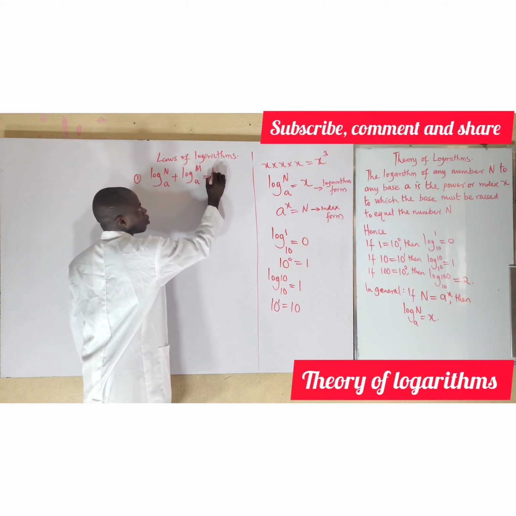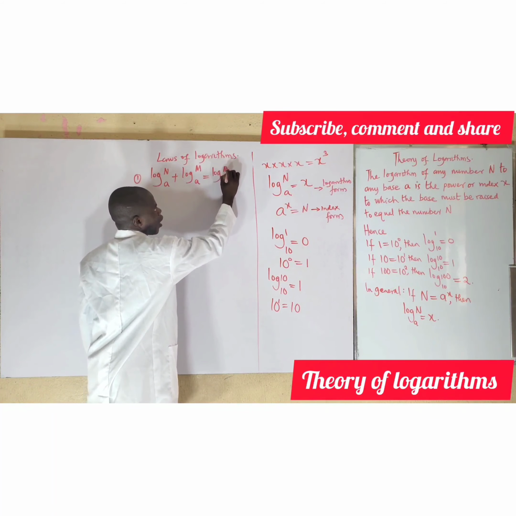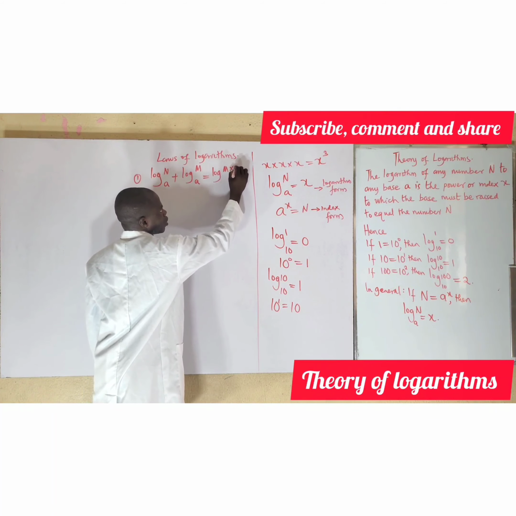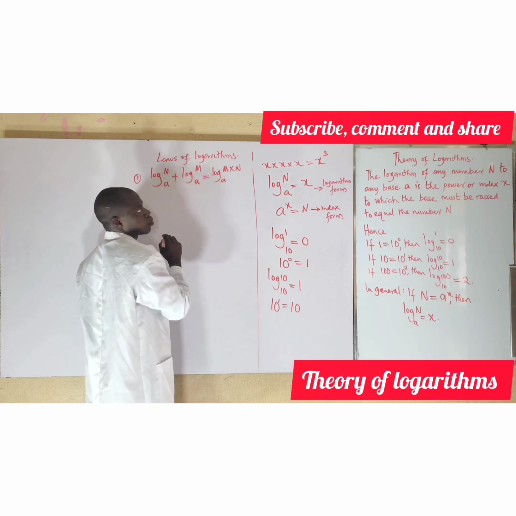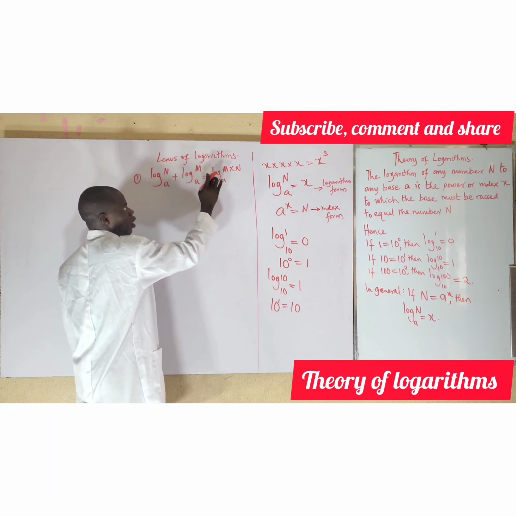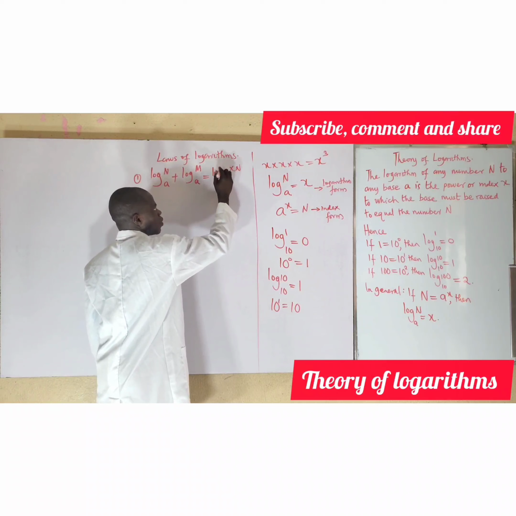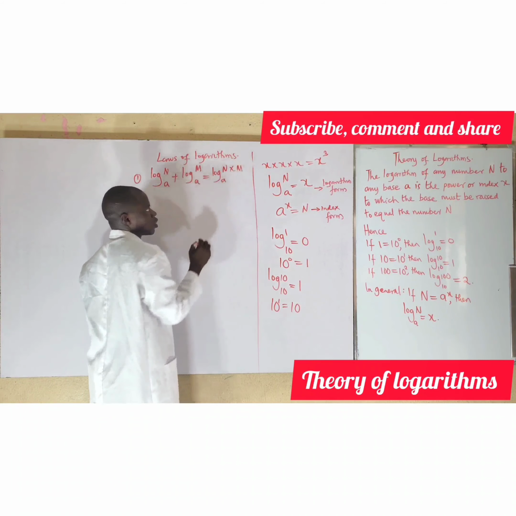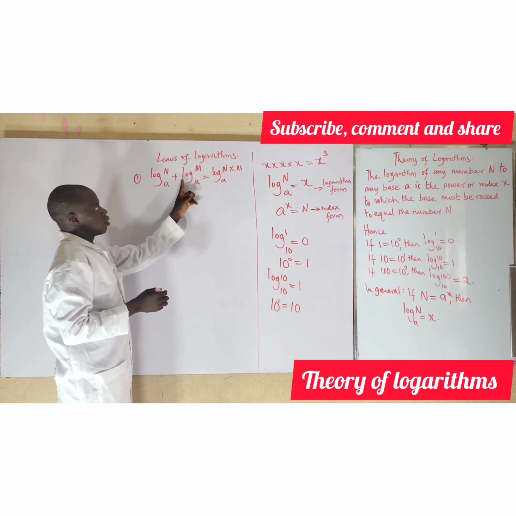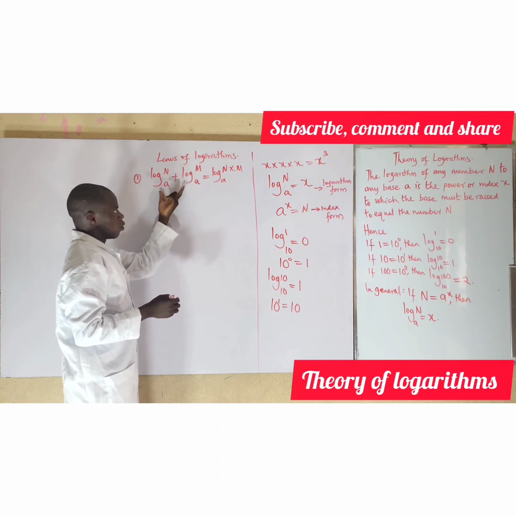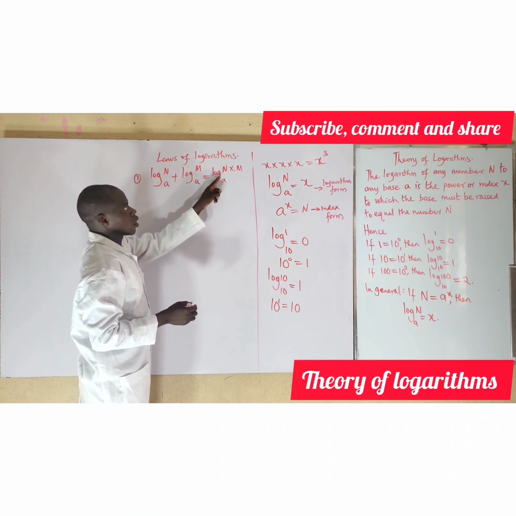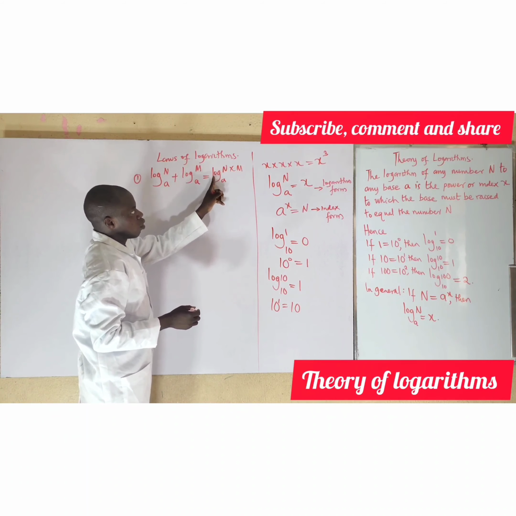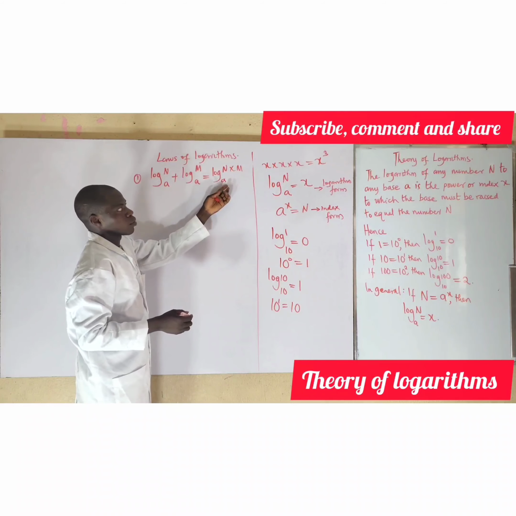This equals log m times n to base a. That means you multiply the numbers, or you can even put the n first, and you still have the same thing. Log n plus log m, having the same base, is going to be log of n times m to base a.